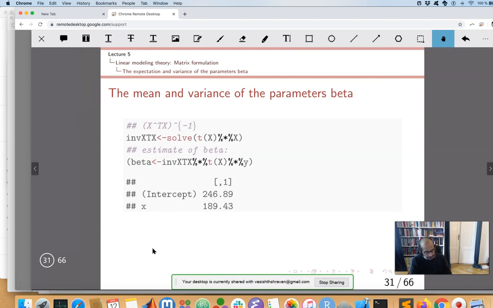So what I first do is compute the inverse; (X^T X)^-1 is what I'm computing here. There's a function called solve that does this inverse calculation, and here's the transpose of X, that's X^T, and this is the matrix multiplication sign multiplied with X. So here's my inverse of X^T X, and then I multiply that with X^T multiplied by y, right?